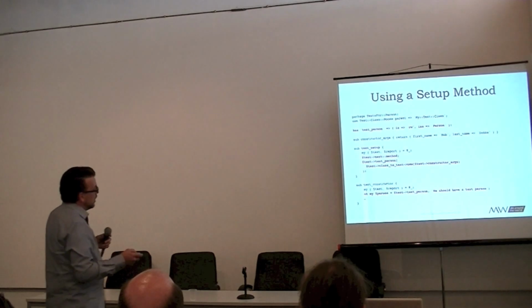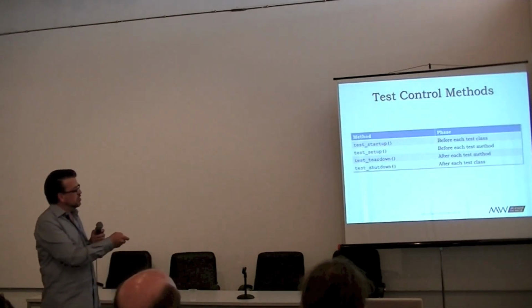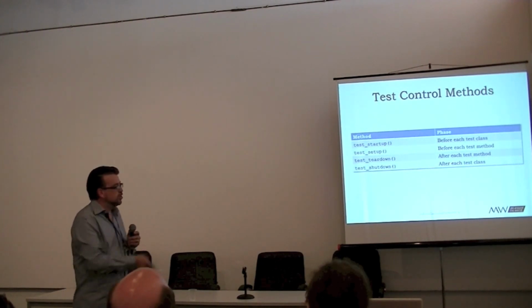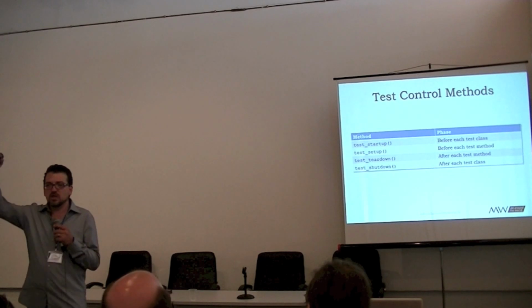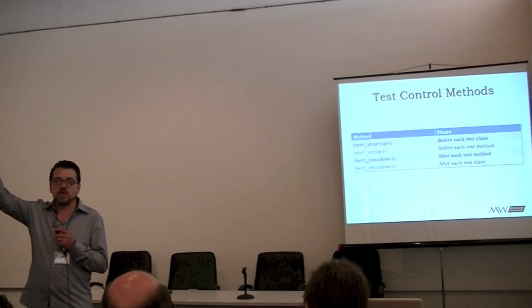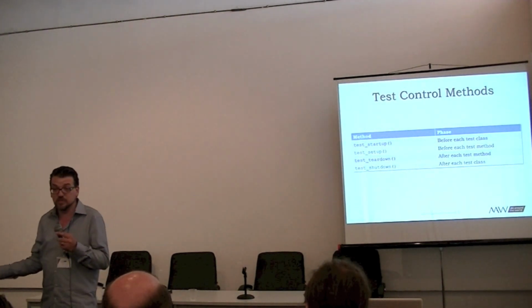Okay, so in these test control methods, before each class, before each test method, after each test method, after each test class, imagine your test startup method. At the startup method inside of your base class, you connect to your database. Very handy, very useful. You want to connect to a database because otherwise you can't run your database test, presumably.